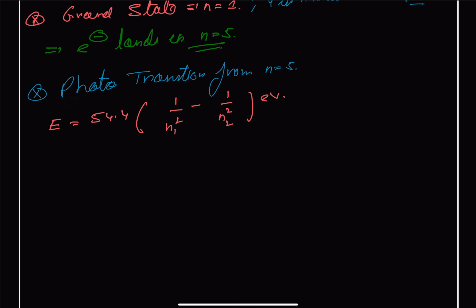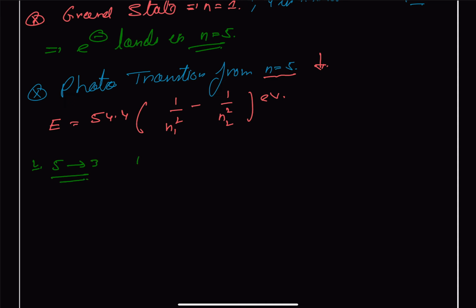And we are going to compute this transition starting from n is equal to 5 in the downward direction. Because it is also said that the range should be 2 to 4 electron volt range. So we start from our 5 and end at 3.